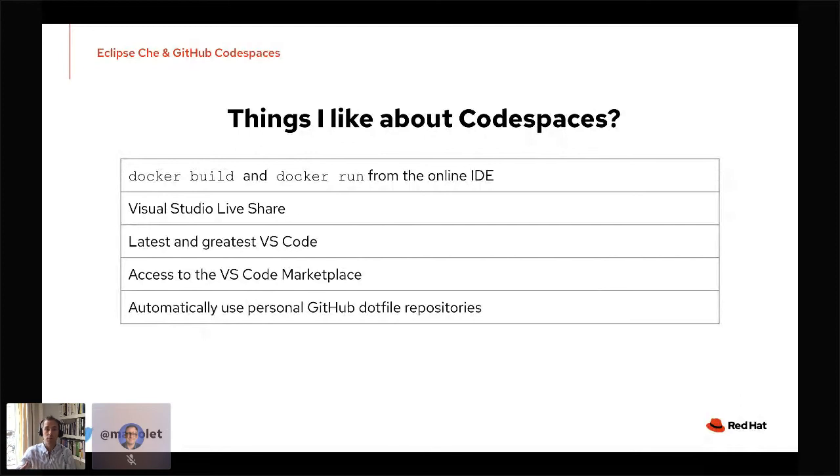So if you have defined some aliases or some functions that you want to have on your command line, you will have those automatically. These are really cool things that I like about Codespaces.